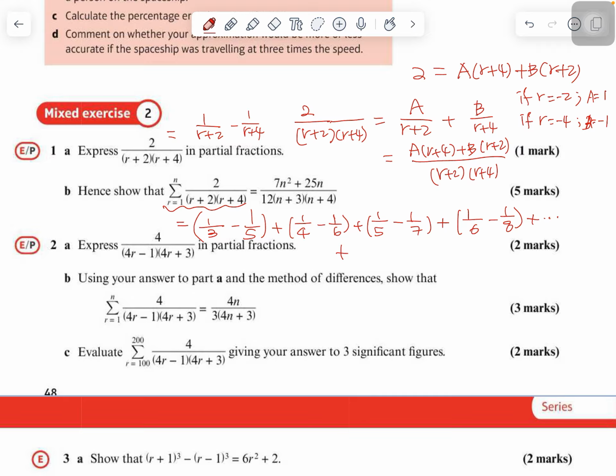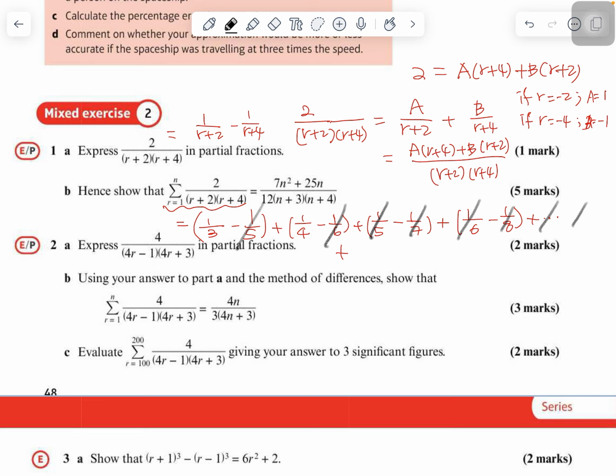I want to check the pattern of this elimination, just to make sure how many terms I need to write down at the end. So we eliminate the 1 over 5 together, and 1 over 6 together, and maybe 1 over 7 from behind and further behind.